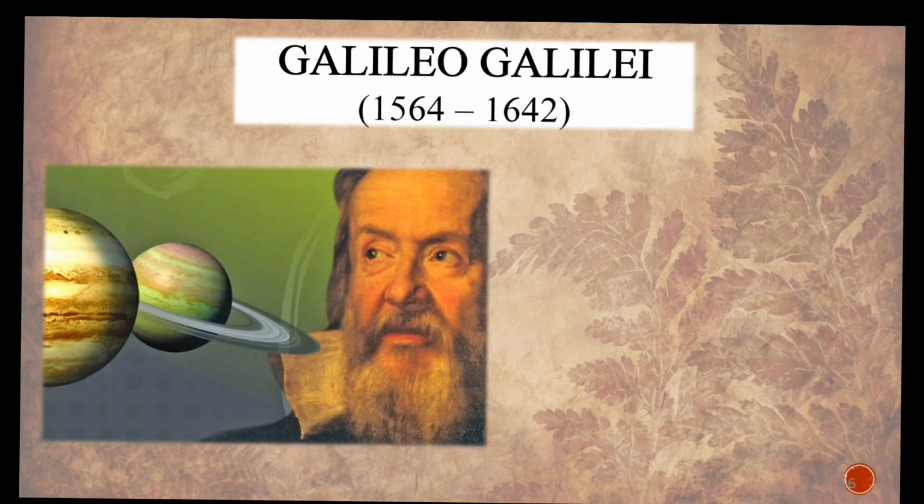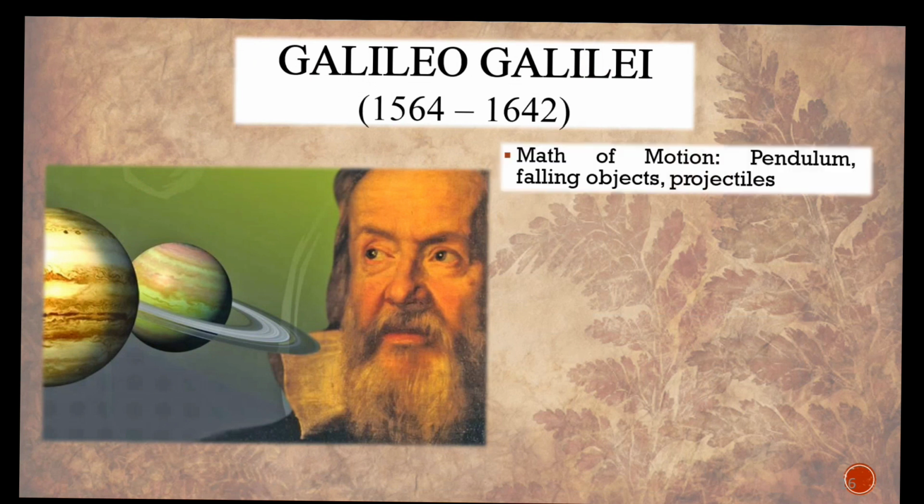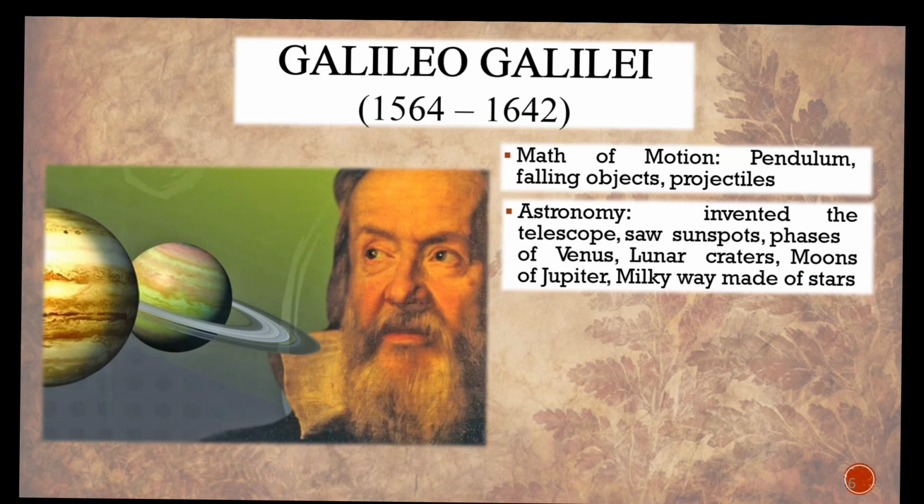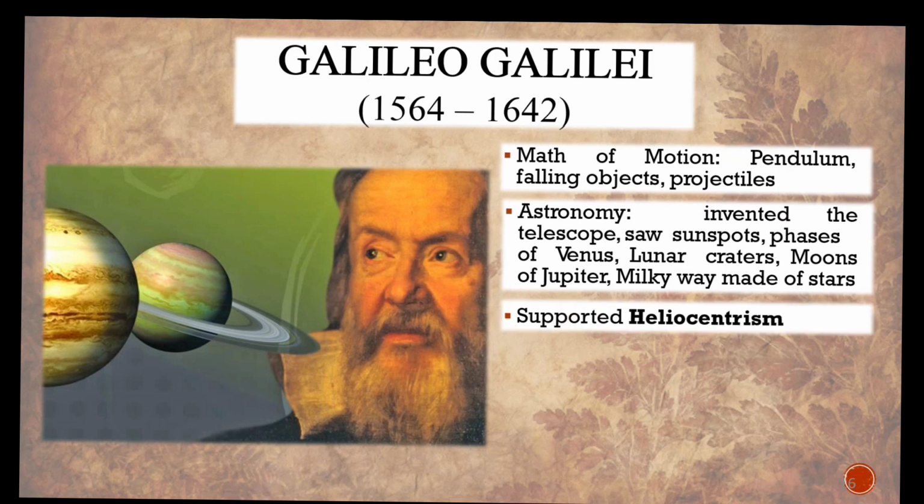And Galileo Galilei: the math of motion, the pendulum, falling objects, and projectiles. In astronomy, he invented the telescope. He saw sunspots, phases of Venus, lunar craters, moons of Jupiter, and the Milky Way, made of stars.